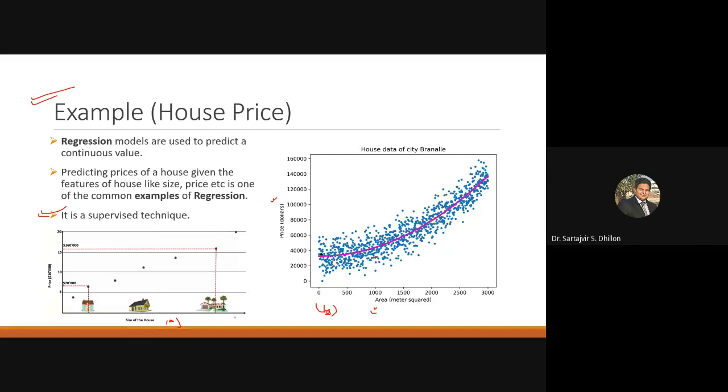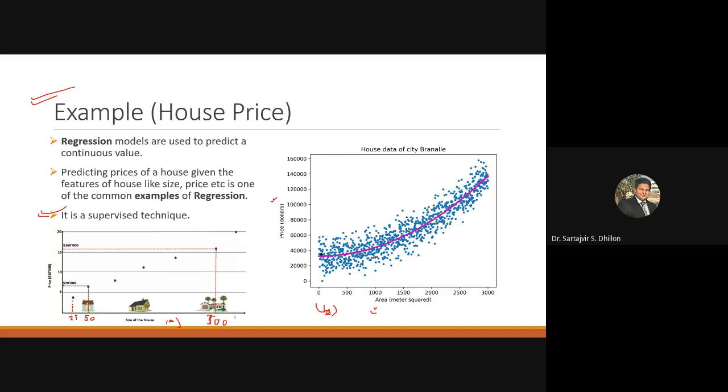This axis is the size of the house, which we can take in yards. For example, this one is 50 yards, this one is 500 yards, and this one is 25.